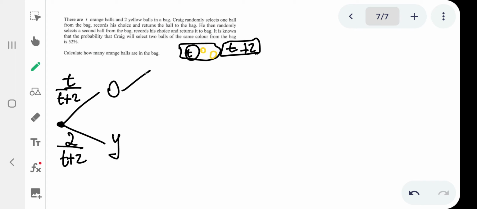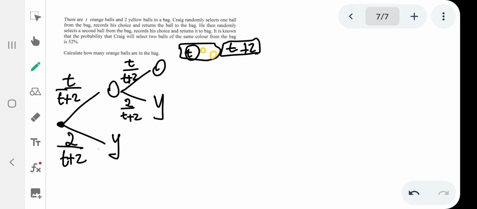If he got orange, he can again get orange or he can get yellow, right? If he got orange, still the probability does not change because we are selecting an orange ball, right? So still we have T orange balls inside the bag, and the total is T plus 2. And what about yellow? The probability of yellow is 2 over T plus 2, right? Because we have 2 yellow balls over the total number of balls, which is T plus 2.